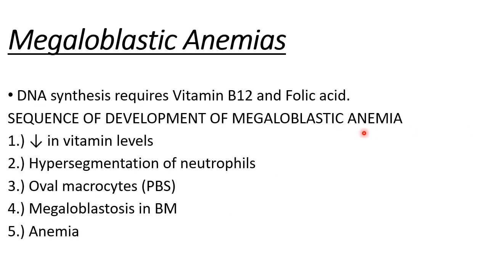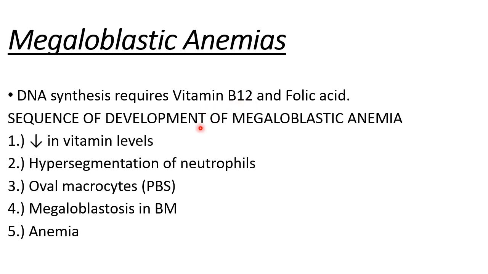So, to further explain the megaloblastic anemia, kailan ba yan nag-uumpisa? No? Mag-uumpisa yan kapag mababa yung mga vitamin level, which has an important role in the DNA synthesis. These vitamins are your B9 or folic acid and cobalamin or vitamin B12.